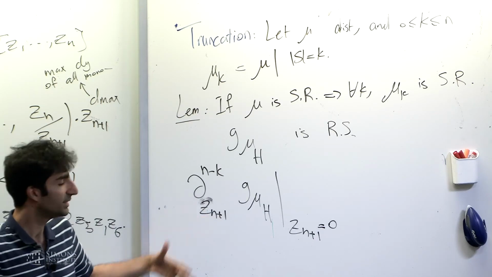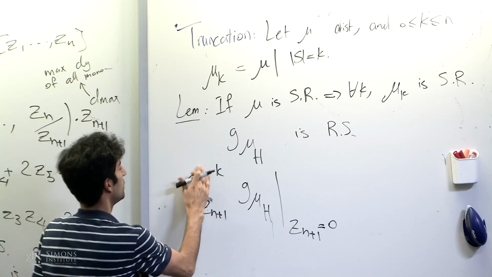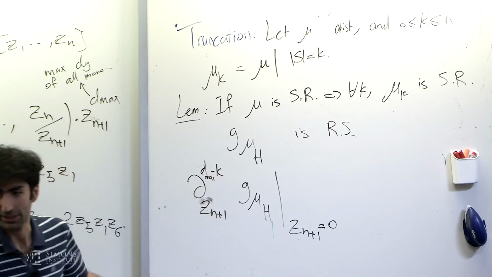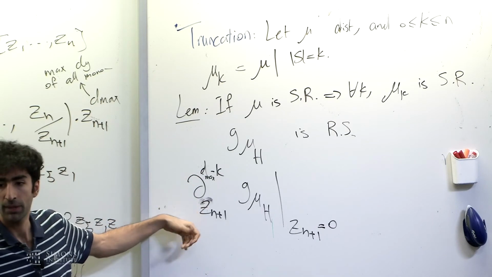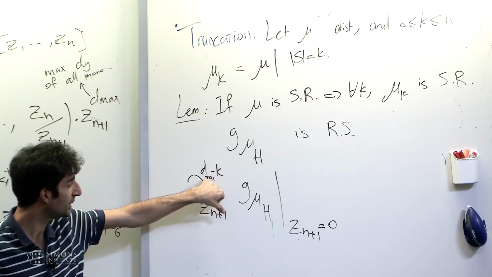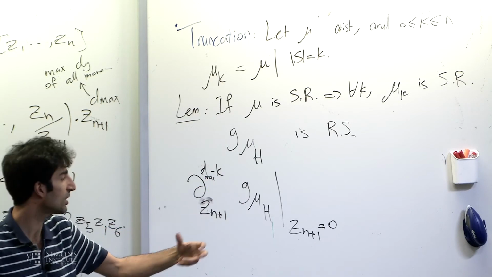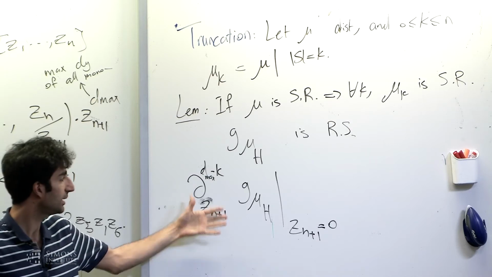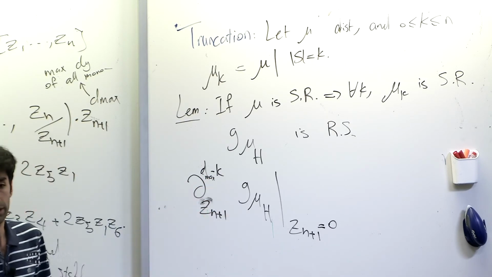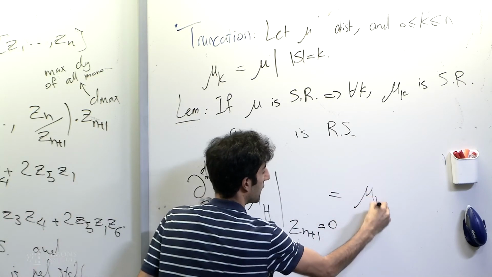If the original polynomial has degree d max, I want to keep only the terms that have degree d max minus k in the new variable. In other words, in the original polynomial, the monomials which have degree k. So I only keep monomials that have degree k, and this gives exactly the mu k distribution.